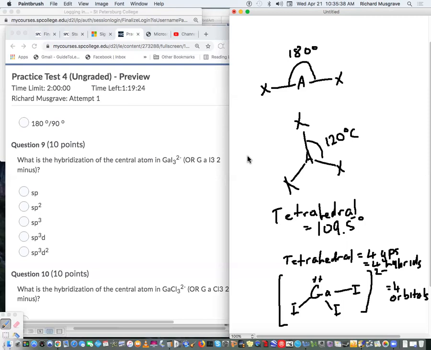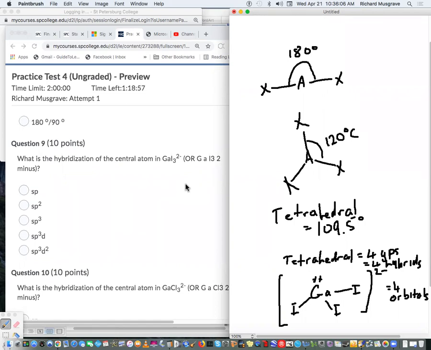It's a tricky one, especially if you weren't here when I went through it. 5, 4, 3, 2, 1, 0. Come on. Okay, any questions about hybridization? Okay.